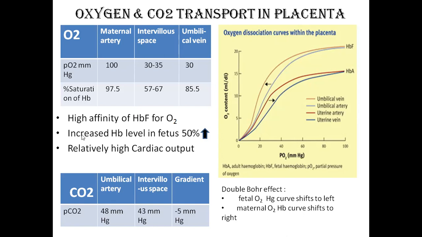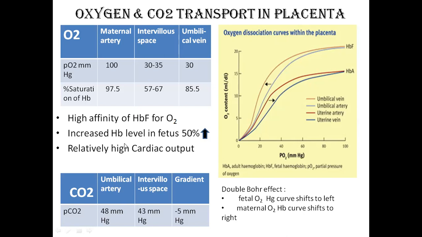And besides that, the hemoglobin level is quite increased in the fetus, about 50% more than that of the adult. So if an adult has a hemoglobin of 15 gram percent, then a fetus may have as high as 22 to 23 gram percent. So this increased hemoglobin level definitely increases the efficiency of oxygen carrying capacity. And there is also a relatively high cardiac output per unit body mass because the body mass is very less.